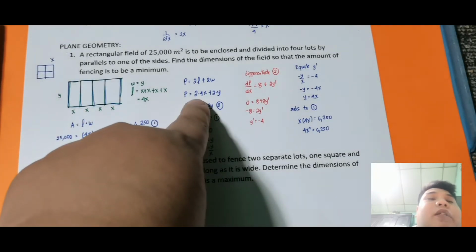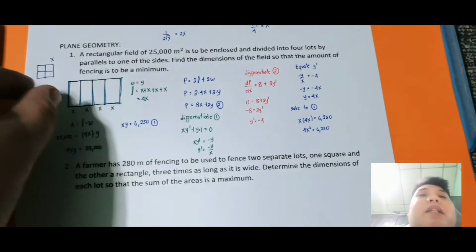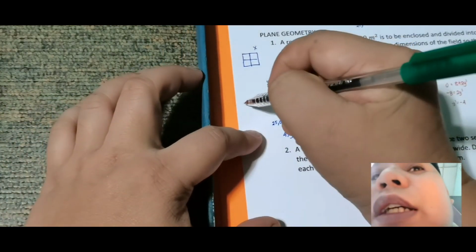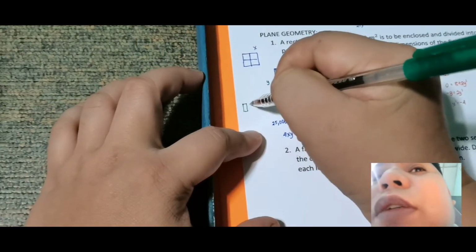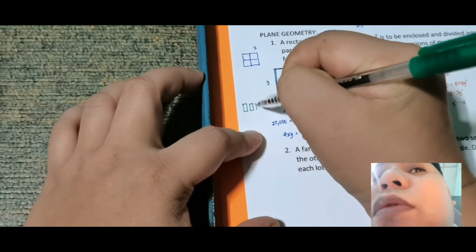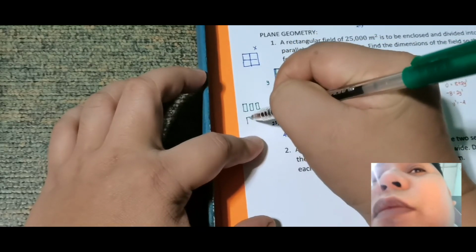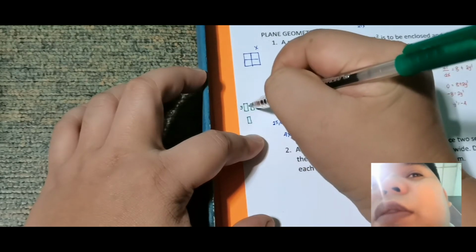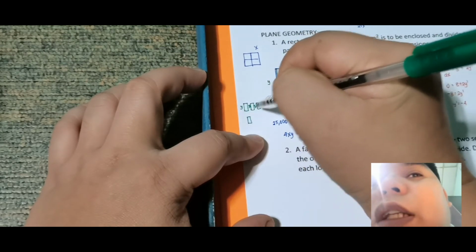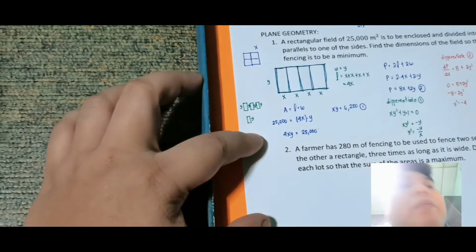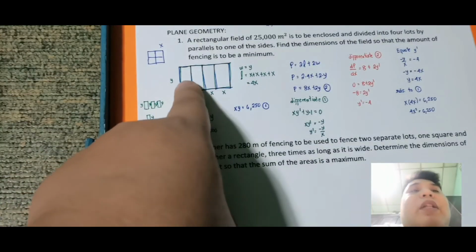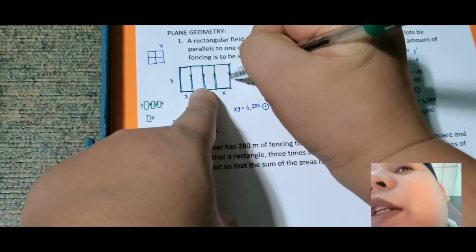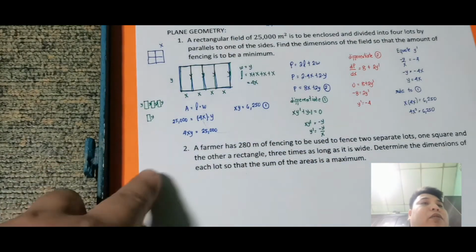So tama yan, 4x. Yung width natin, since 4 yan, pansinin nyo, so this is 1, 2, 3, 4. So ilan yung y? This is 1, 2, 3, 4, and 5. So meaning may y pa para dito, y, and y. Okay, so sorry about that.